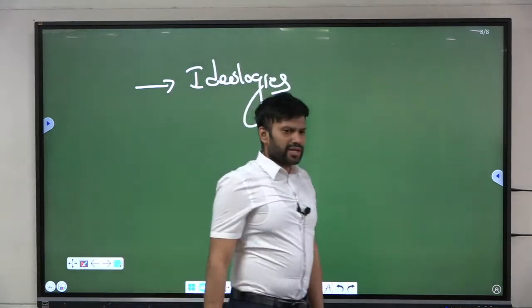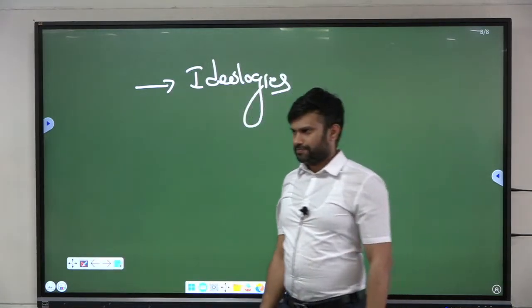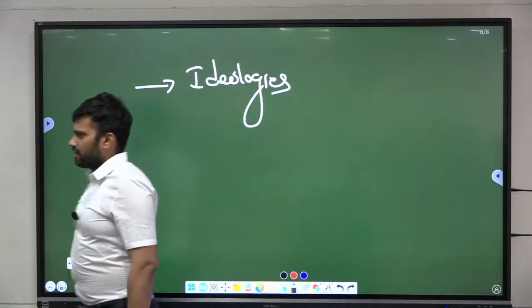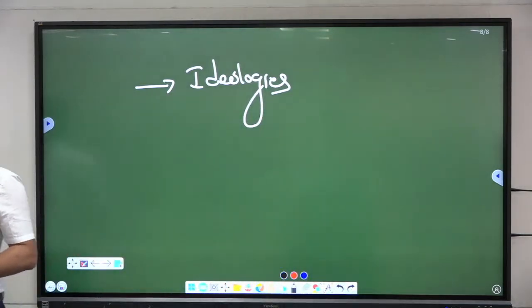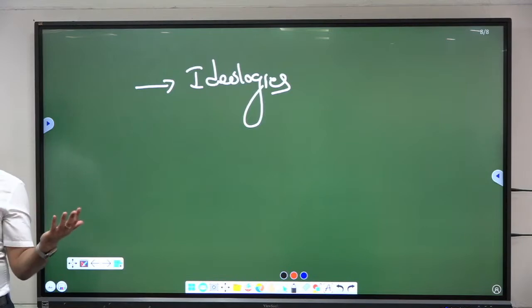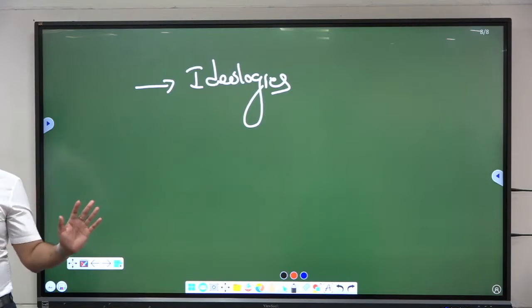What do you mean by an ideology? We can say a group of people believing in certain ideas as the absolute truth, coming together to follow and implement that particular idea, is an ideology. But there are different meanings of ideology that we will understand once we go into the chapter.